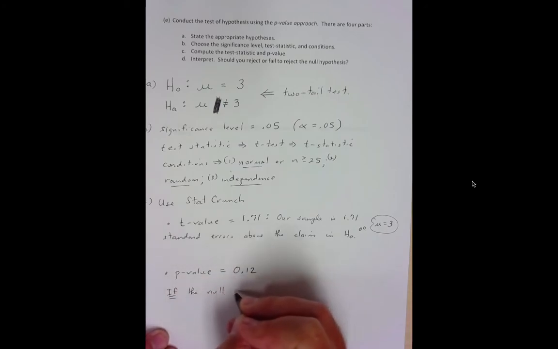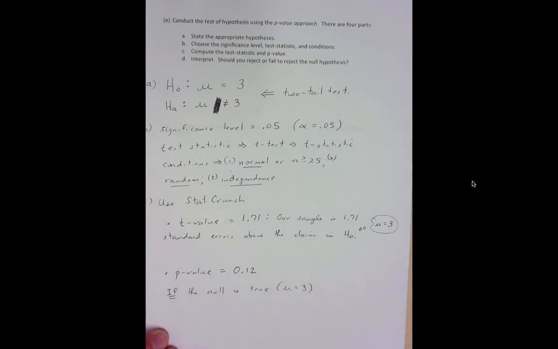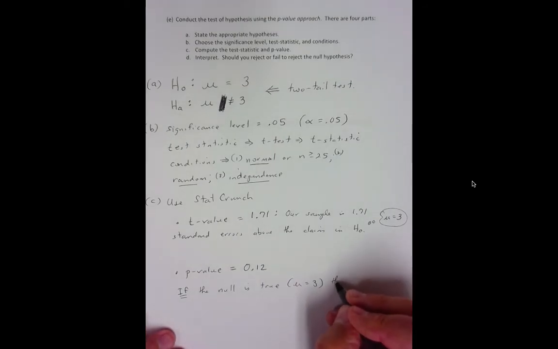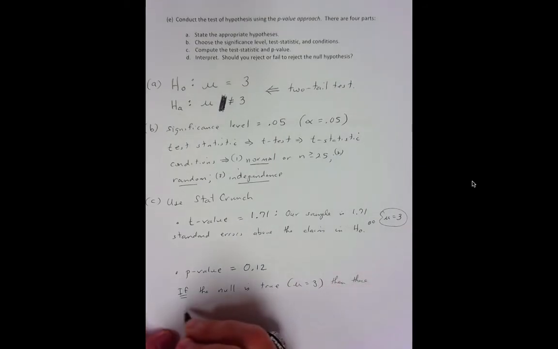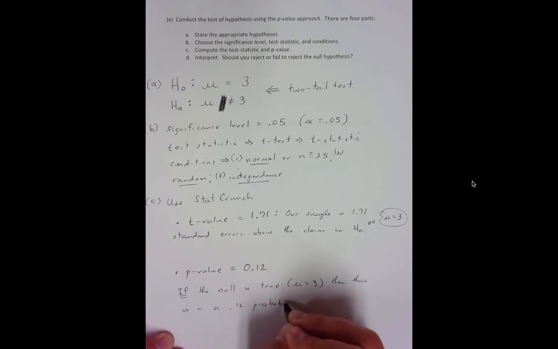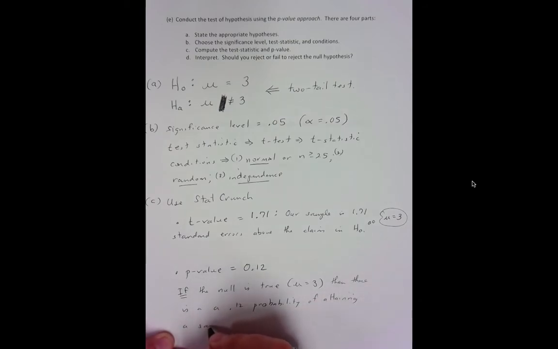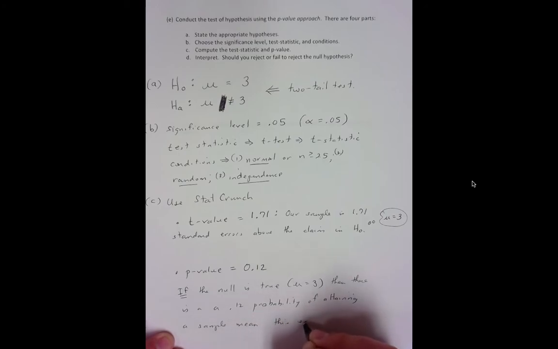If the null is true, the mean truly is 3, then there is a 0.12 probability of attaining a sample mean this extreme.